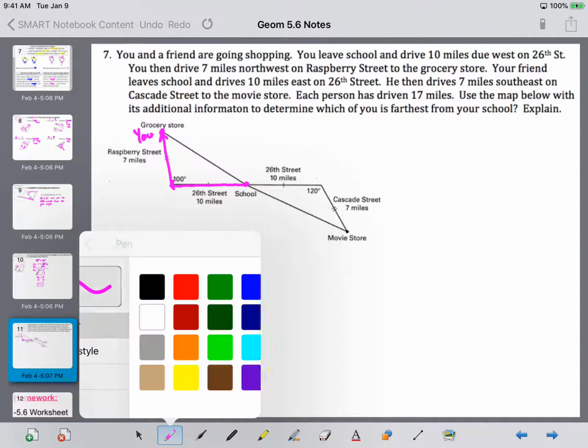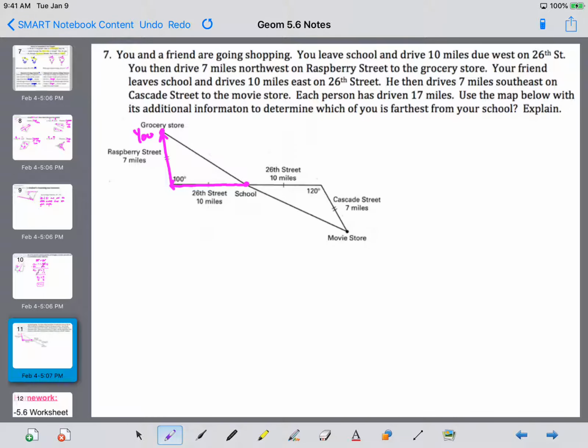Then your friend leaves school, and they go east on 26th Street, also 10 miles, so you go the same distance. But then he drives 7 miles southeast on Cascade Street and ends up at the movie store.